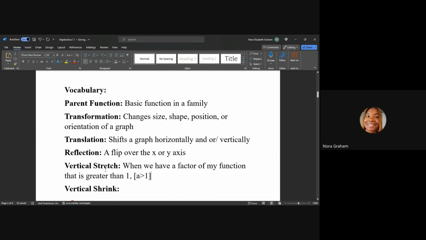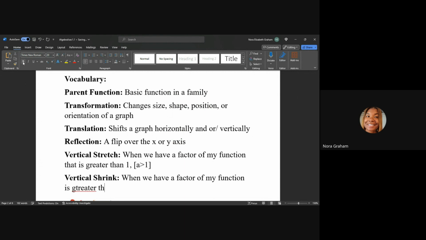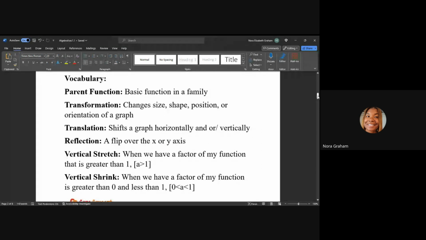And then we have a vertical shrink, and this is when a factor of my function is greater than 0 and less than 1. An example of that is 0 less than a less than 1. Okay. So that's our vocab that we'll be using for this section. And let's get into some examples.